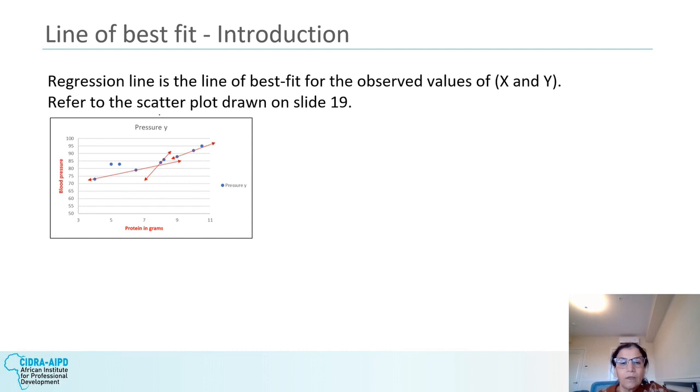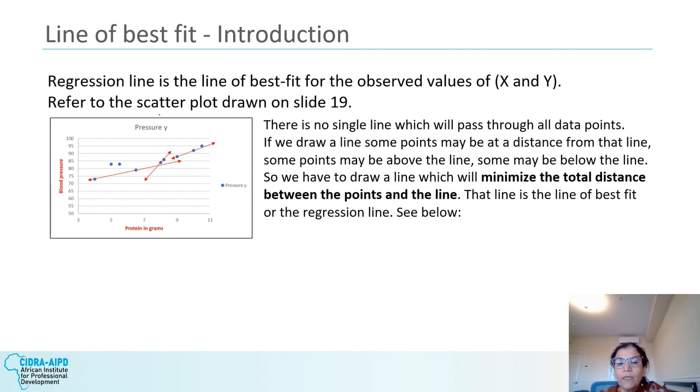We will try to understand the concept of line of best fit. Refer to the scatter plot which we have done before. If you try to draw lines, there are several possible lines. There is no single line which will pass through all data points.